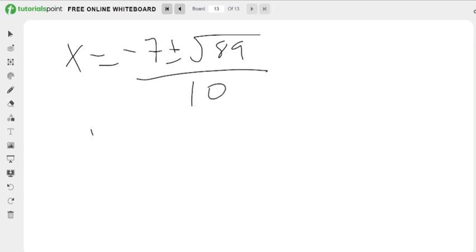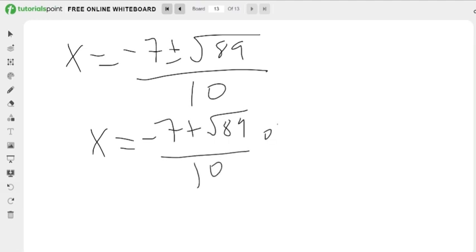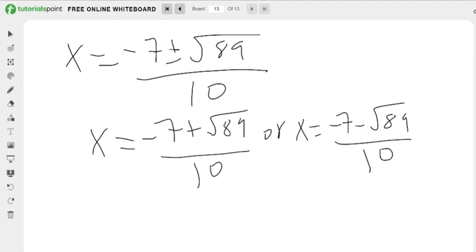Now, we have to write our final answer out separately. So it's negative 7 plus square root of 89 all over 10, or x is equal to negative 7 minus square root of 89 all over 10. So those are our two x values.